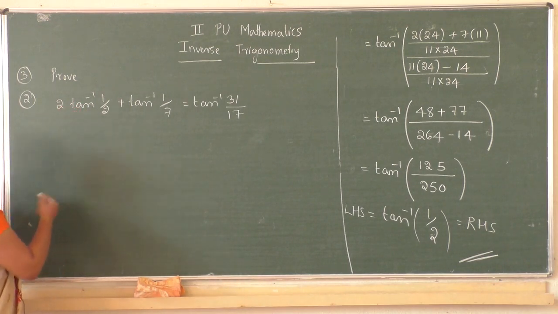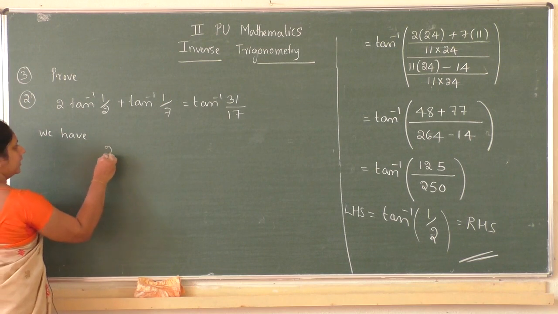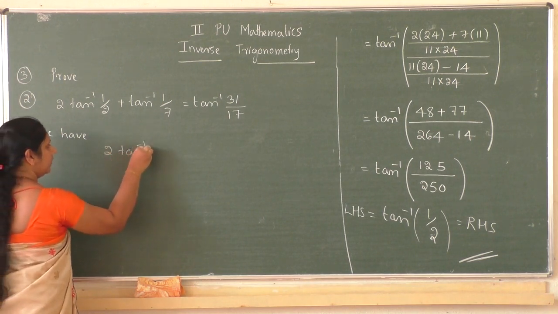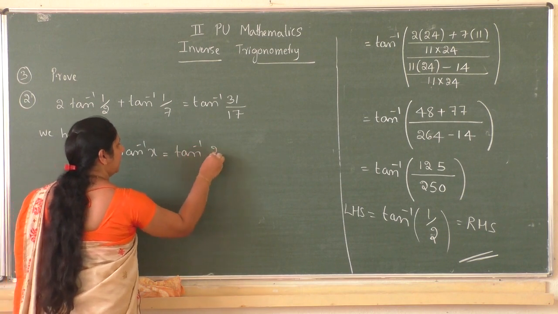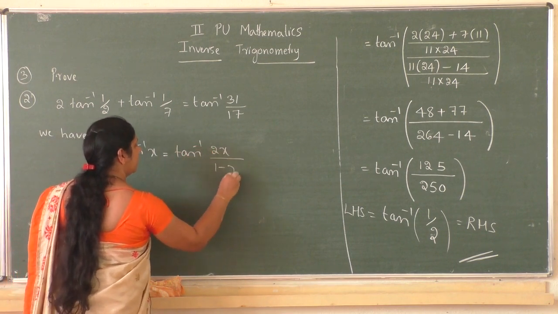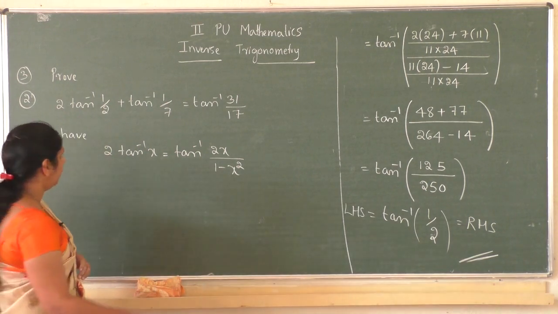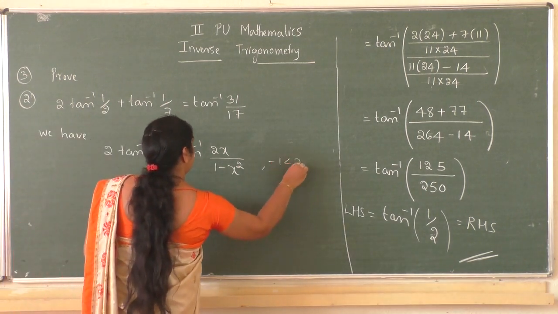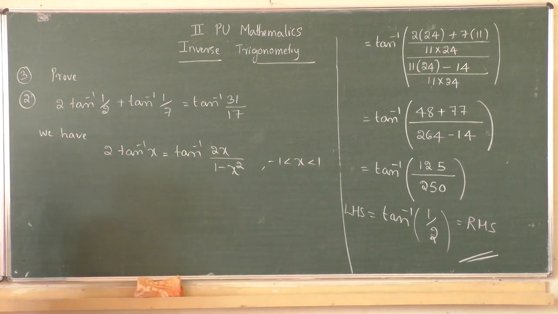Or we have one formula: 2 tan inverse x equals tan inverse of 2x by 1 minus x square, where x lies in the open interval -1 to 1.